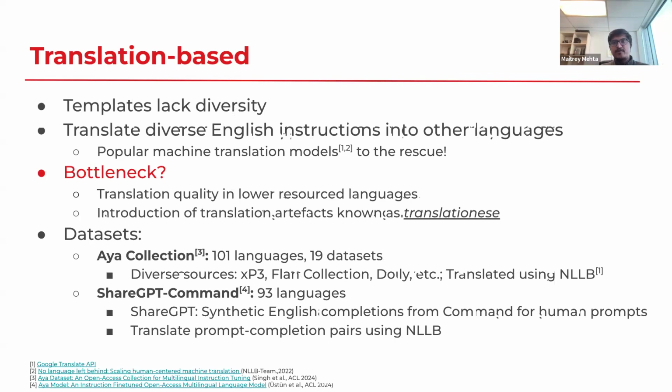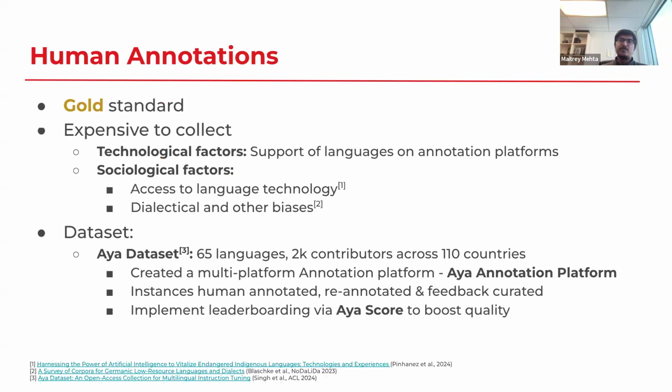And finally, the third way of curating IFT datasets is, of course, using humans, right? And this is the gold standard. This is the best way of generating any kind of data. But it is expensive to collect, right? And especially working with languages outside English, it's hard because not all data collection platforms, like, for example, Amazon's Mechanical Turk, support languages that are outside English. And there are other sociological factors.